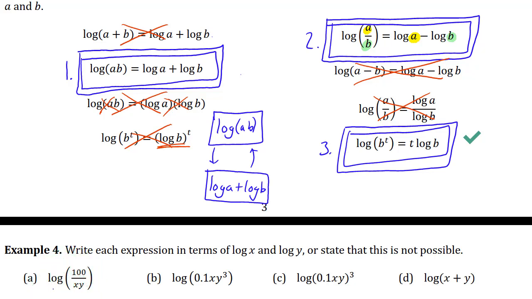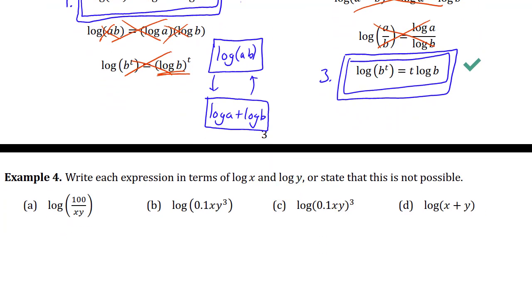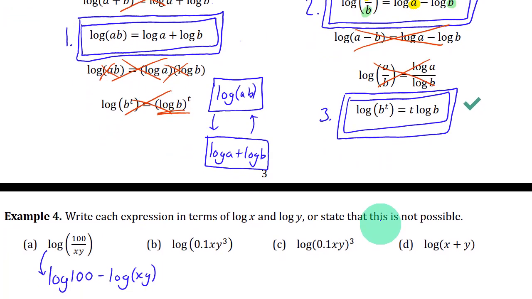Well, this looks like we have a fraction inside the log. It's like log of a over b. So you can use log law 2 to turn this into log of a minus log of b, which is log of 100 minus log of xy in this case.